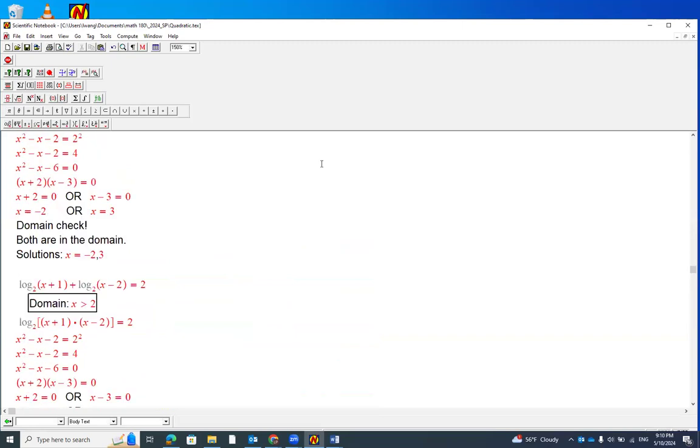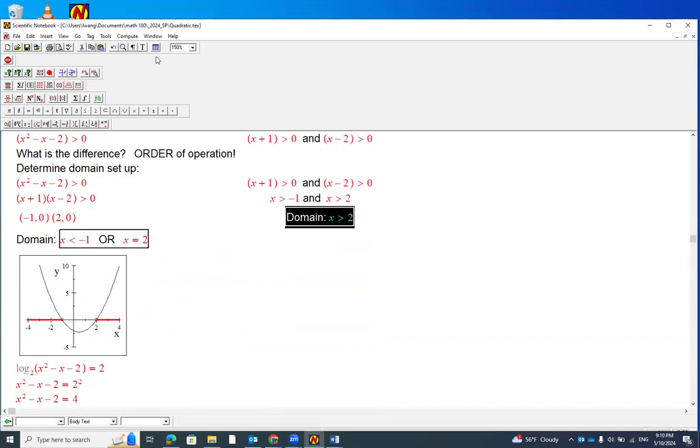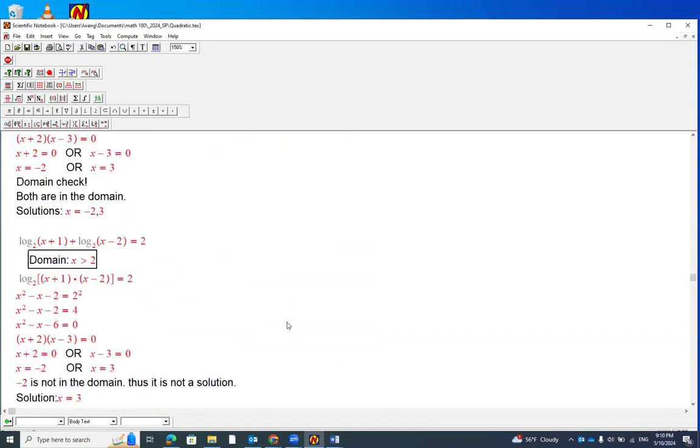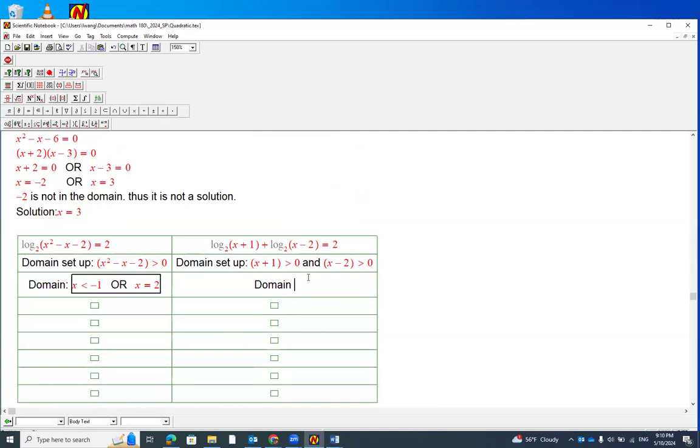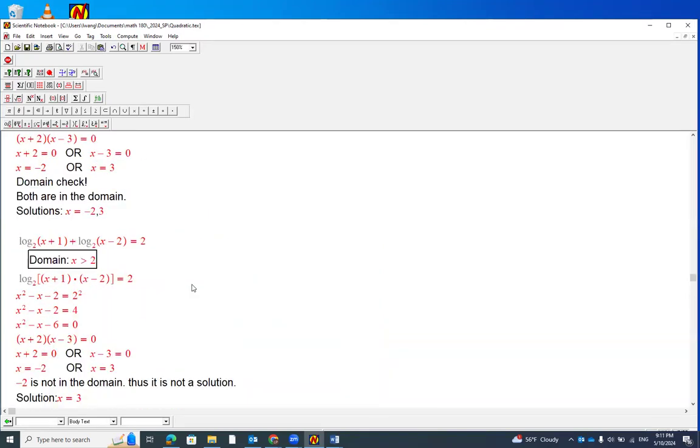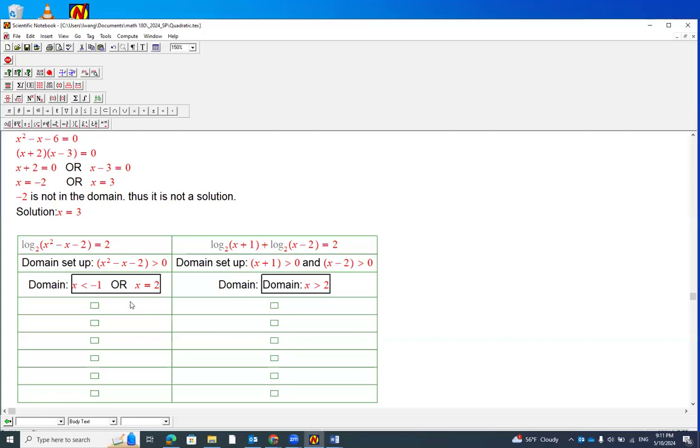And the other domain, according to the truth table, we got this. So these are two different domains. Solving it, we all end up in the same place.